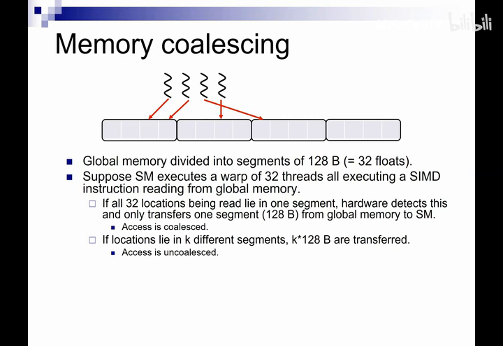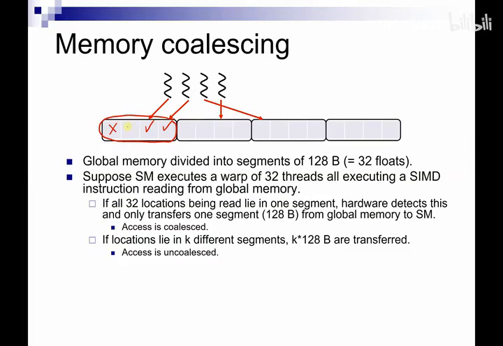However, if the threads in a warp are accessing global memory locations from different segments, here we're looking at 3 different segments, then the GPU hardware is going to transfer the first segment. Even though we just want these 2 pieces of data, the GPU is going to transfer the entire segment.